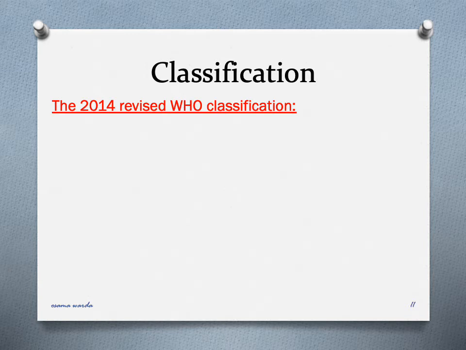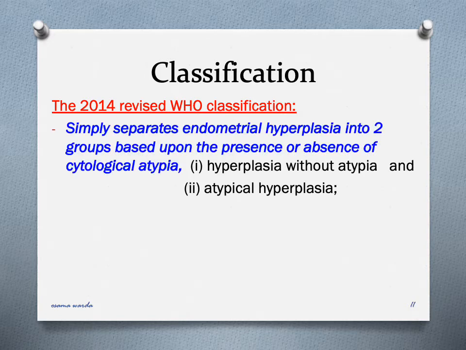The latest and most accepted classification was suggested by the WHO revised classification in 2014. It simply separates endometrial hyperplasia into two groups based upon presence or absence of atypia. So endometrial hyperplasia currently is classified into two types only: hyperplasia without atypia and hyperplasia with atypia, or atypical hyperplasia.